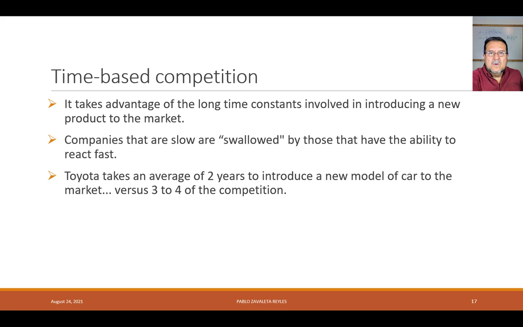Right now, cars, they are producing new models sometimes in 6 months. New models. That implies that sometimes in a year they can take out 2 manufacturing lines completely. And that's a lot.